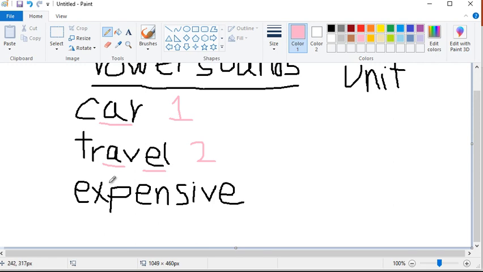Let's look at expensive together. We have the E, and we have another E, and we have the I, and we have the E. So we have four vowel letters. But the most important question is, how many vowel sounds do we have? Do we pronounce this E? Yeah, it's pronounced as E. Do we pronounce this E?